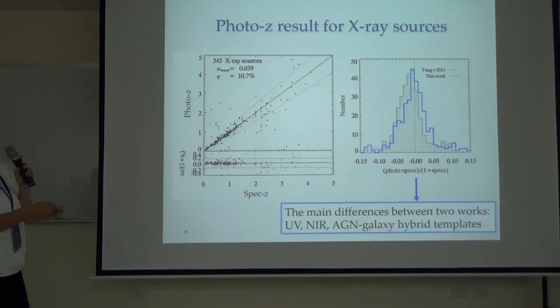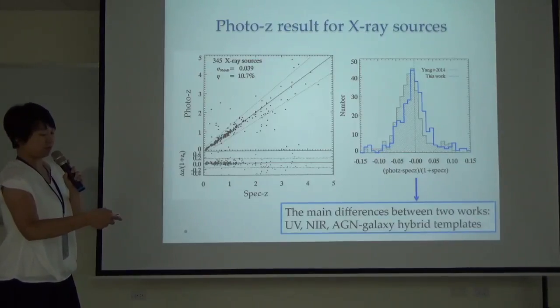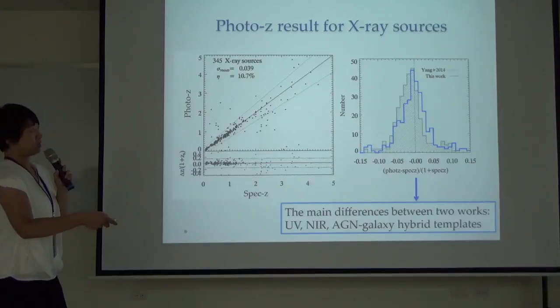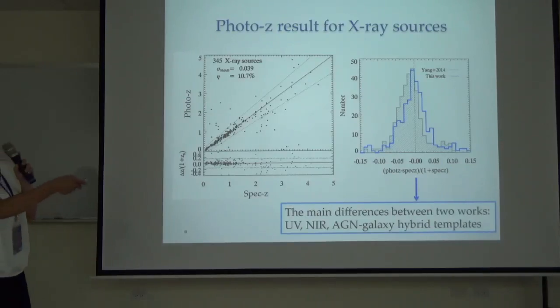You can see that we also improve the scatter over the previous work, so we are more peaked at a difference equal to 0. The main differences from Young 2014 are that we use UV data and deeper infrared data, and we also use the AGN-galaxy hybrid template.